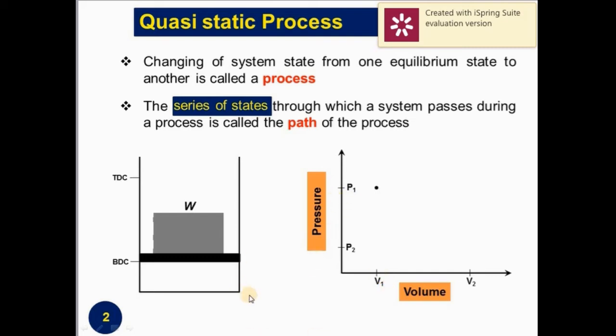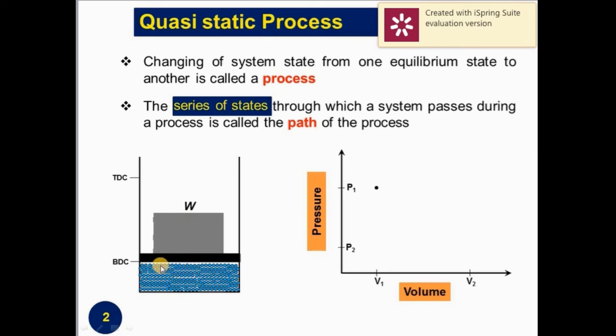Since the gas is in compressed form, the molecules of the gas are closely packed. So these are the molecules of the gas which are closely packed. If we remove this weight W, the piston will move upward and the gas molecules will also move upward with the piston.